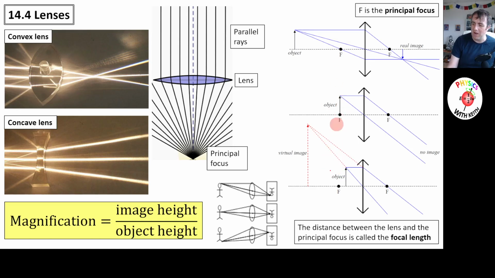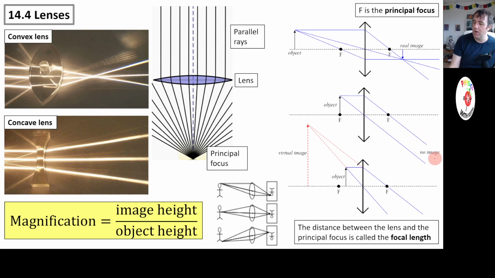That's impossible. It's parallel to the plane of the lens, so there's no way it's going to pass through the lens. So I can only draw the first and the second principal ray. And those rays will be parallel after they pass through the lens. Therefore, I do not get an image. There is no image formed.